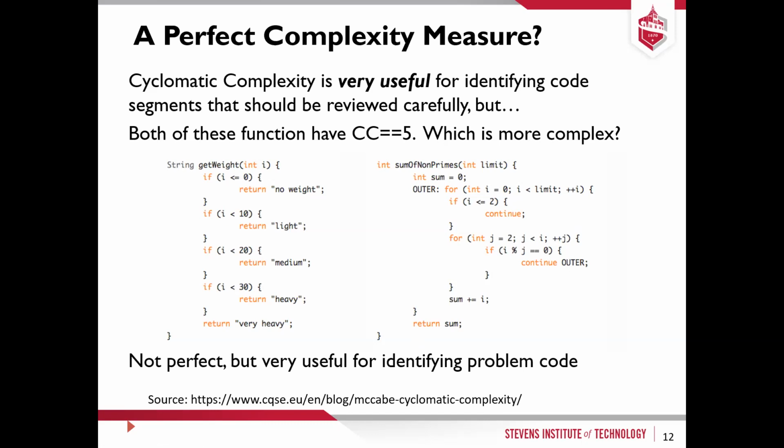Because it has many loops inside of it. Yes, exactly. The right one, because it has a lot of nested loops. Nested loops automatically create more complexity and more hidden paths that we need to take. However, the general paths for both of them, or general functions, are going to be 5.